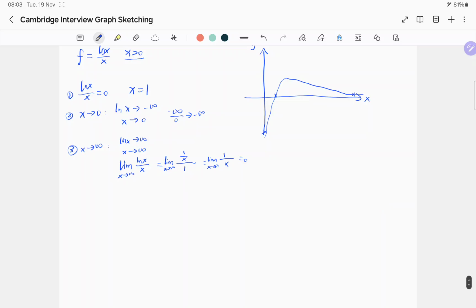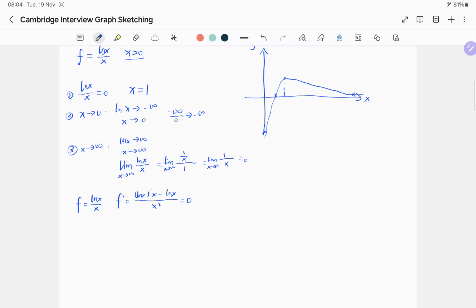So you don't really need to proceed to the next step, but if you want to, you can find the stationary point. Let's see. f is equal to ln x over x, and f prime is equal to (ln x prime times x minus x prime, which is 1, times ln x) divided by x squared, which is equal to 0.